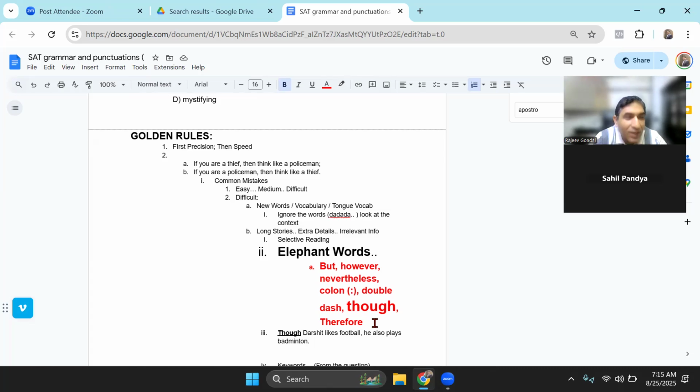Many people say that you have to read fast, isn't it? You have got this many questions and this little time, and you're supposed to do it fast, fast, fast. But how fast can a person read? There's a limit to it. So instead of reading fast, what if we have an easier way?